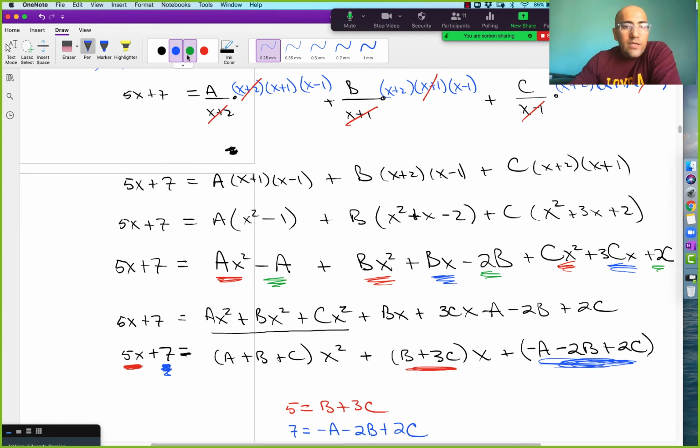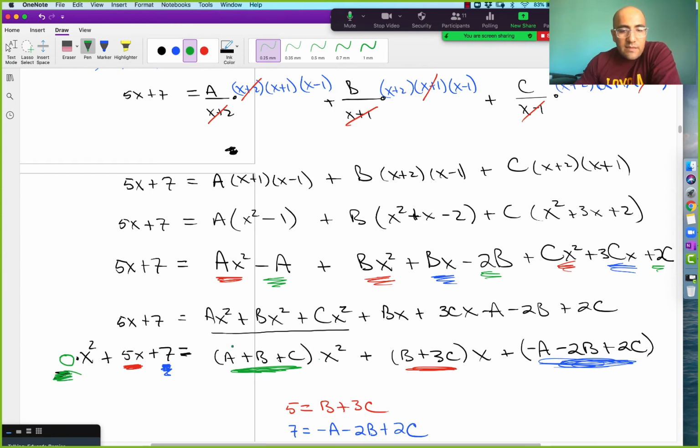Good. And then the really tricky one is this one. What do we do about this? Well, notice that the x squared term is absent on the left-hand side. It's not there. So that means I can introduce it as a 0. 0 times x squared plus those terms. And now I get to combine it with that 0.